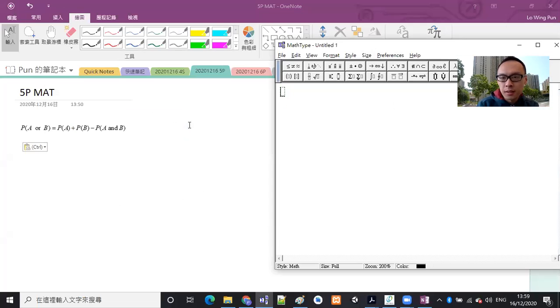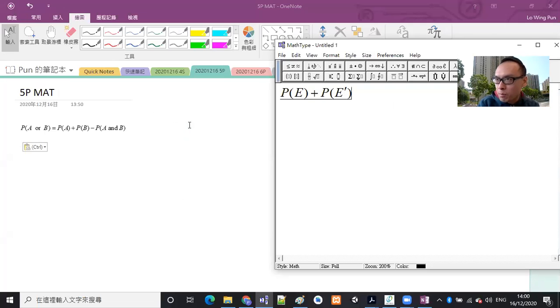If we have two events, E and not E, I want E to happen, and the other side is I don't want E to happen. We denote the not-happening probability by E prime.